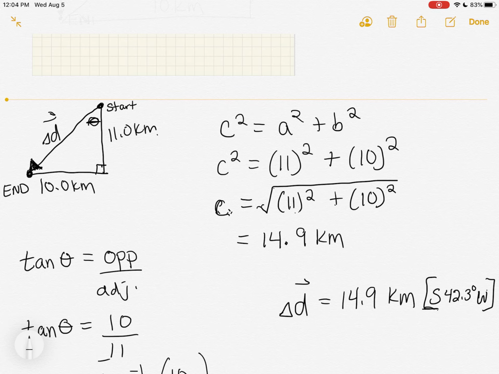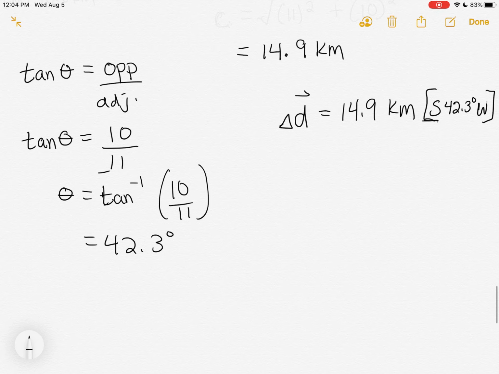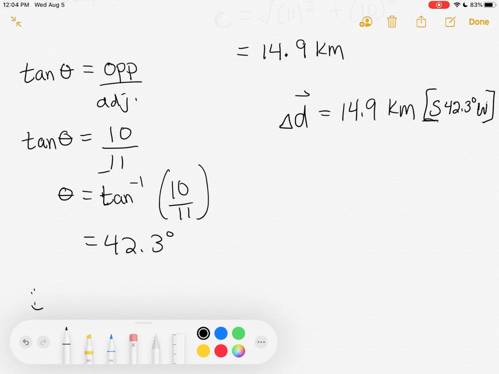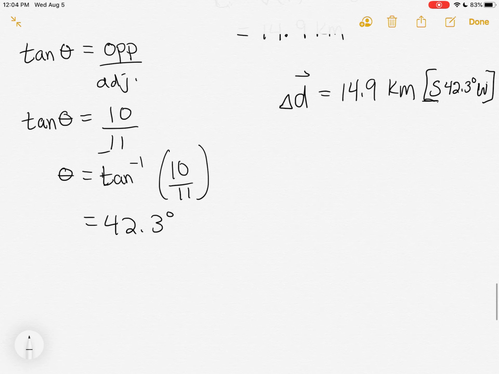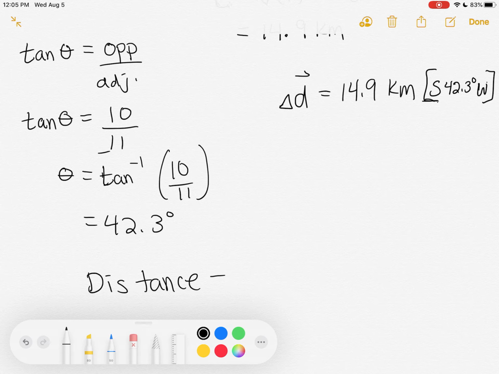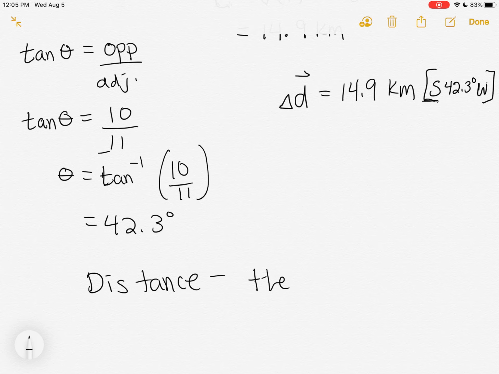The other thing that I want to talk about is distance. Displacement is the difference in position from start to finish. Distance is actually the traveled length.